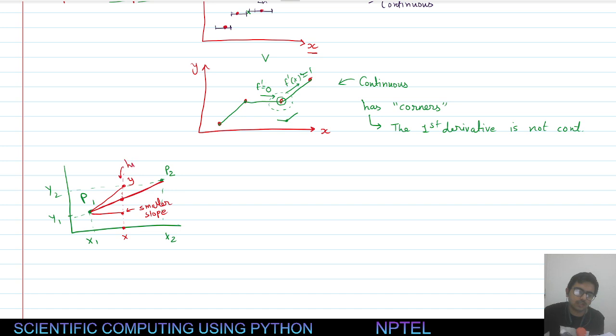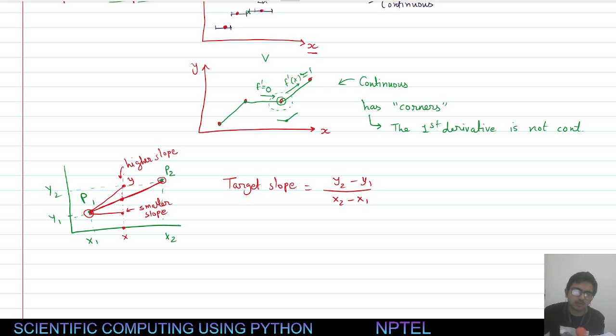This is higher slope. So we can calculate slope easily, right? So our target slope, which is the actual slope between P2 and P1, is y2 minus y1 divided by x2 minus x1.